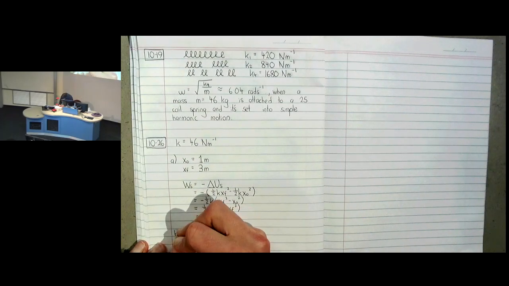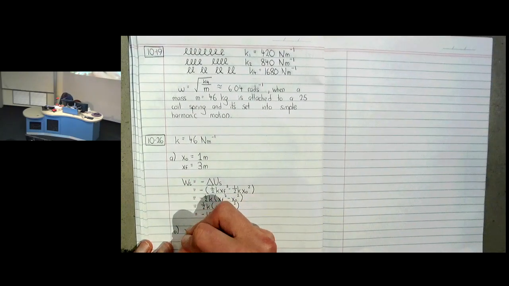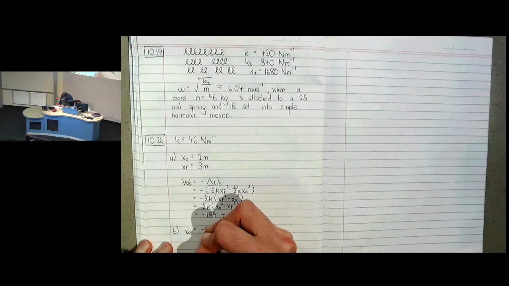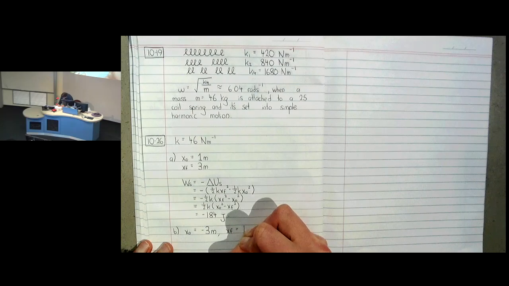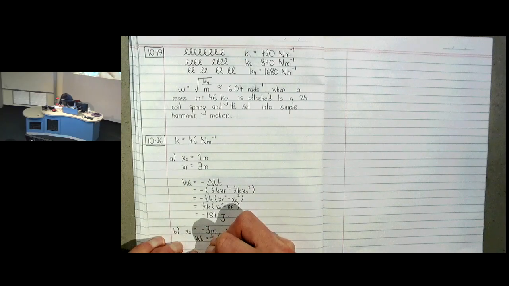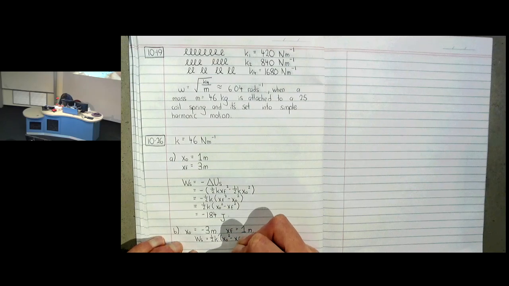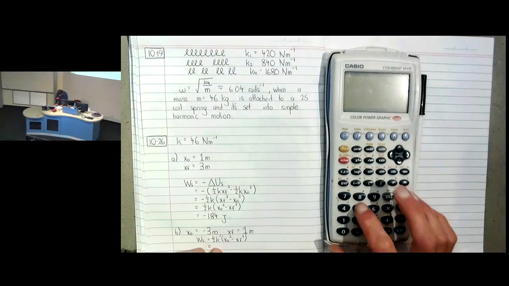Now in part B, we have the same thing. It's just that here, the initial position is minus 3 metres, and the final position is 1 metre. So if we take these two numbers and plug them into the formula that we've already got, then I suspect we're going to get a positive number this time.